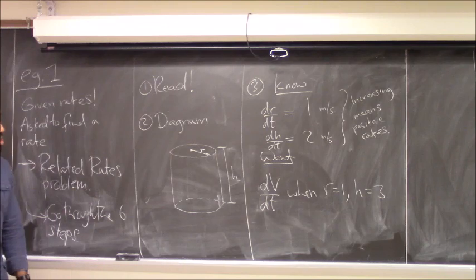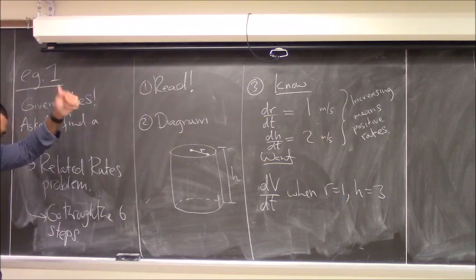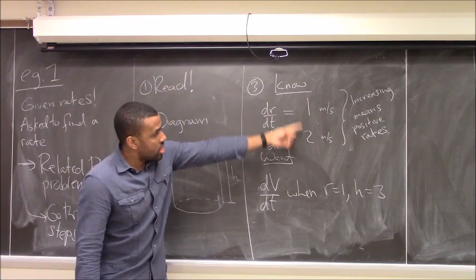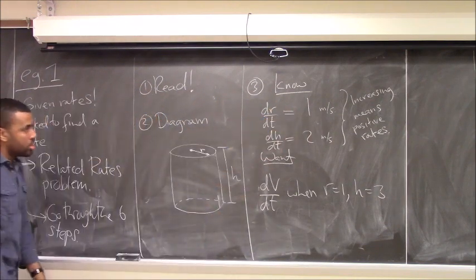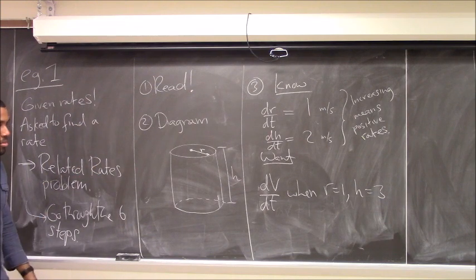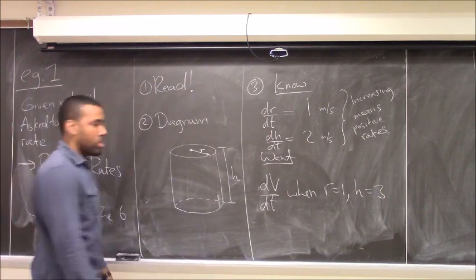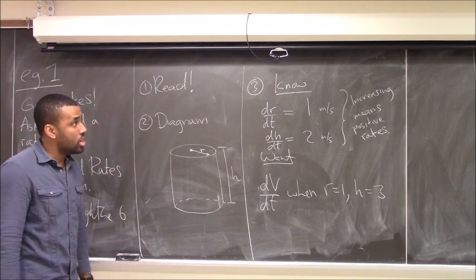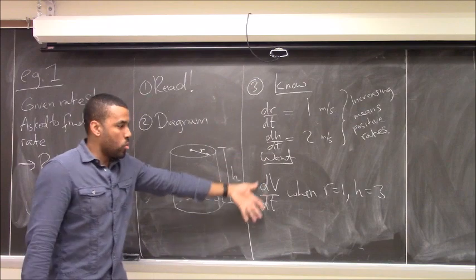So now we've done the first 3 steps. We read the problem, understand that it's related rates, understand how things are working together. We understand that things are increasing, therefore the rates are positive. 2, we went through draw a diagram. Hopefully that will spark some memories, fond or otherwise, about high school geometry class that will help you come up with some formulas for this. 3, we write down what we know and what we want to find.